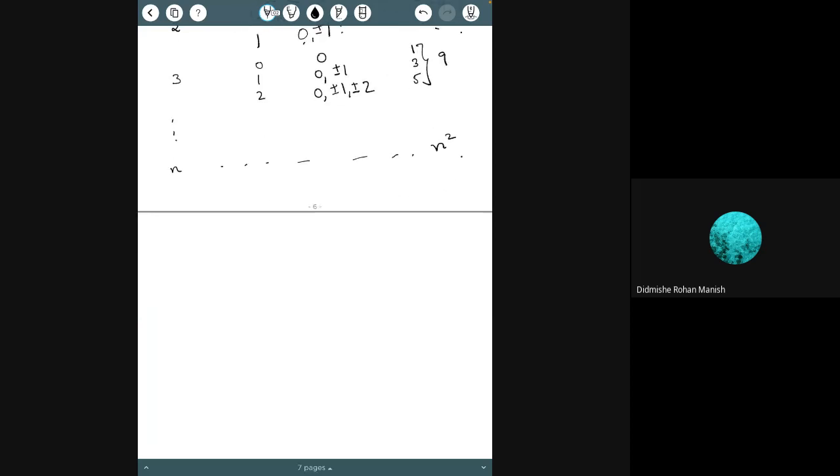So how to think of it? If I want to draw the energy levels of hydrogen, I'll just write the 1 by n squared because that is what it depends on. So this is a 1 by n squared plot. Now all the energies are negative, so I should draw it in this way.